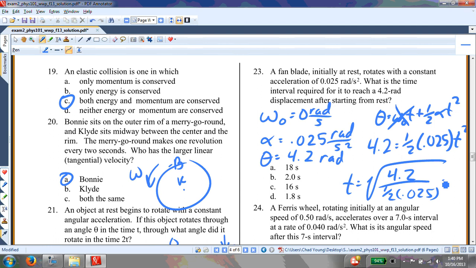I get 18 seconds, so 23. Yeah, I get 18 seconds. So 23 should be A.